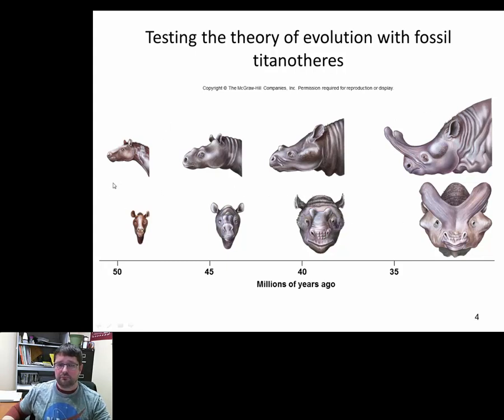And so you can see this transition from forested habitat into a savanna habitat with some forest, into more grasslands with just a few forests, into pure grassland habitat, and you get this body shape and body size change.